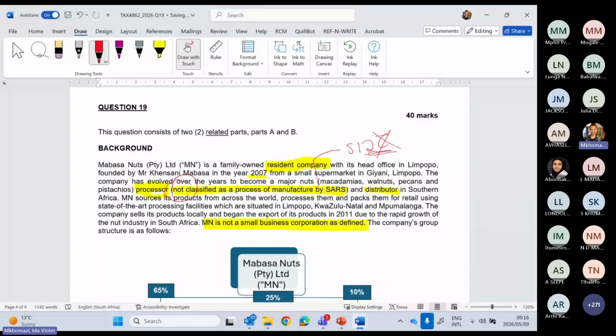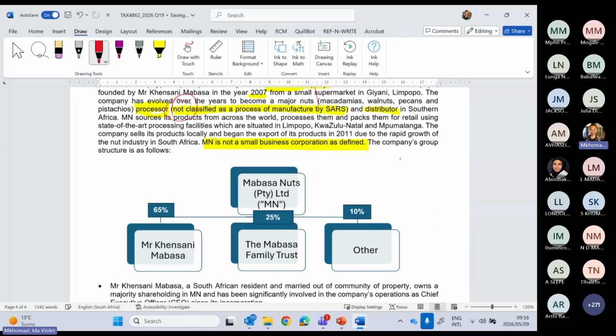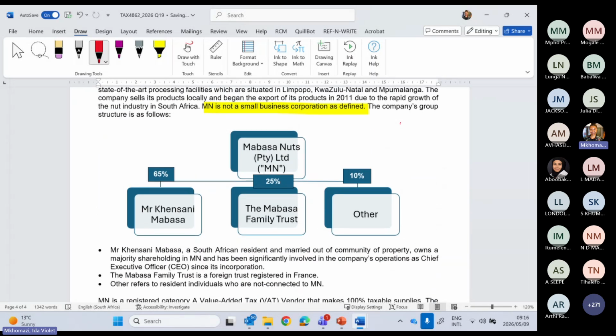the company structure. We have the group structure that's provided to us, and the information that we know is that 65% of the shares are held by Kensani. Who is Kensani? Kensani is a resident, so again, worldwide income.